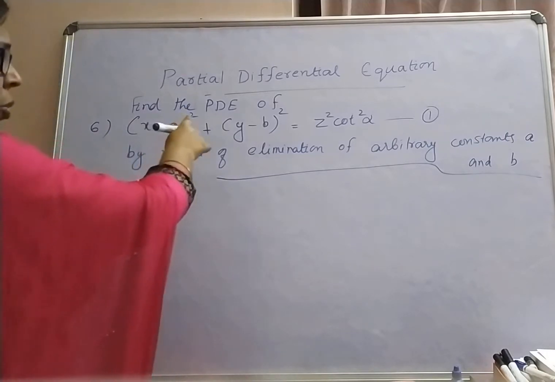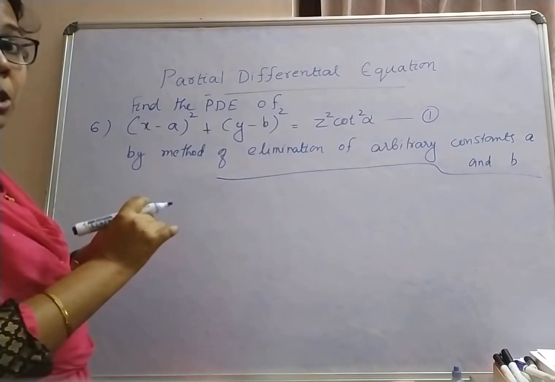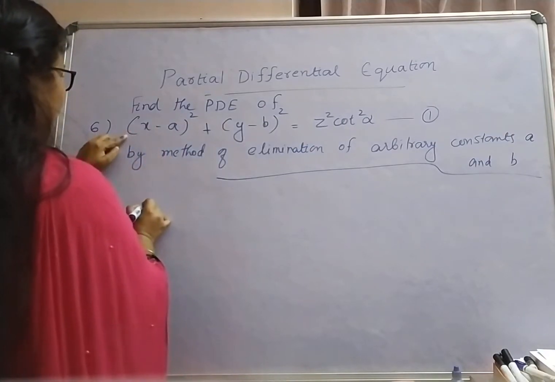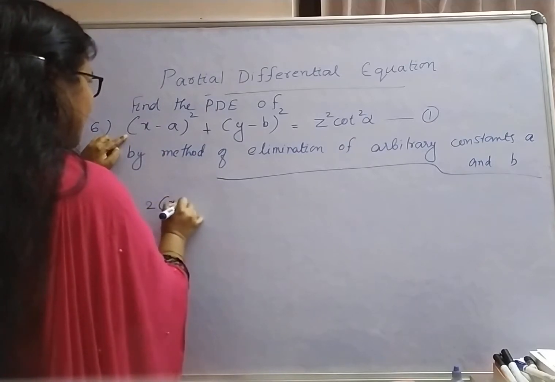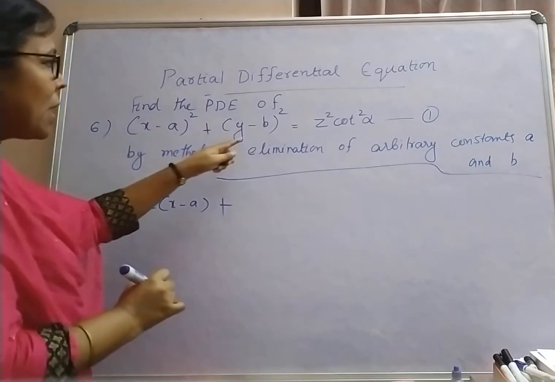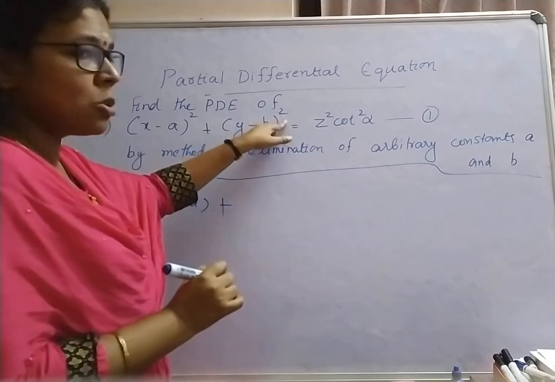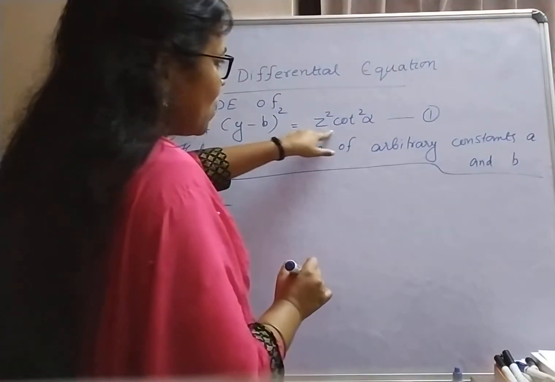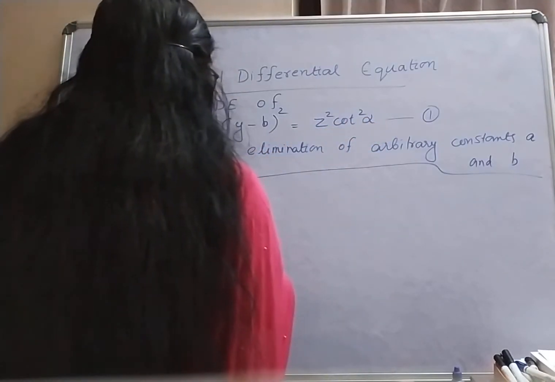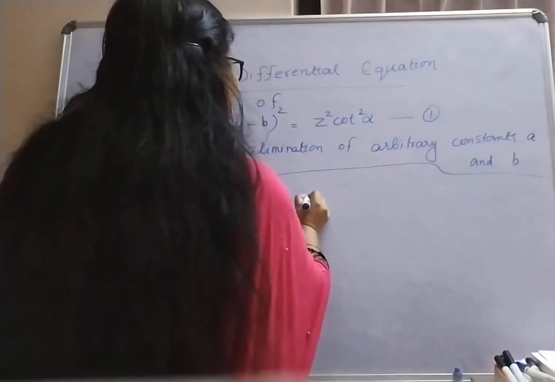First, partial derivative of 1 with respect to x. That is, partial derivative of (x minus a) the whole square is 2 into (x minus a) plus partial derivative of (y minus b) the whole square with respect to x is 0. Then, partial derivative of z square cot square alpha: cot square alpha is a constant.